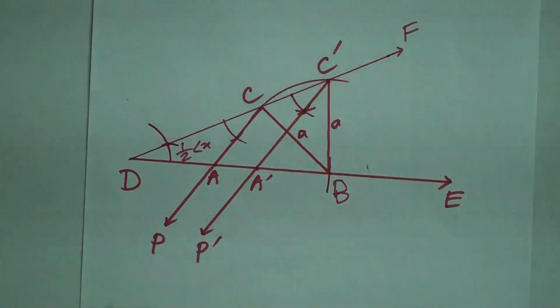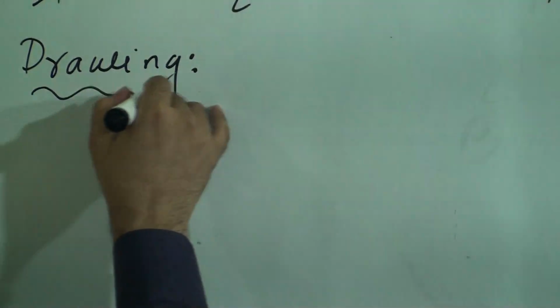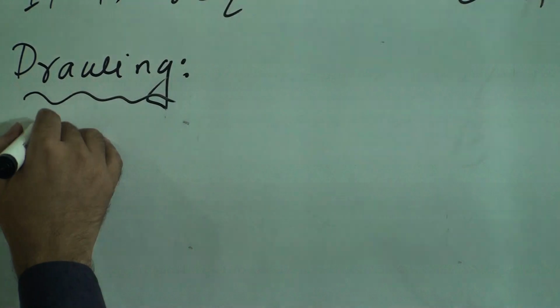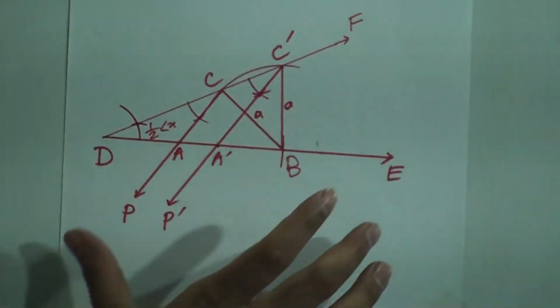Okay, dear students, so see the drawing at first. Here, description of construction. In step 1, what have we done at first? At first we have taken BD equal to S from BE.